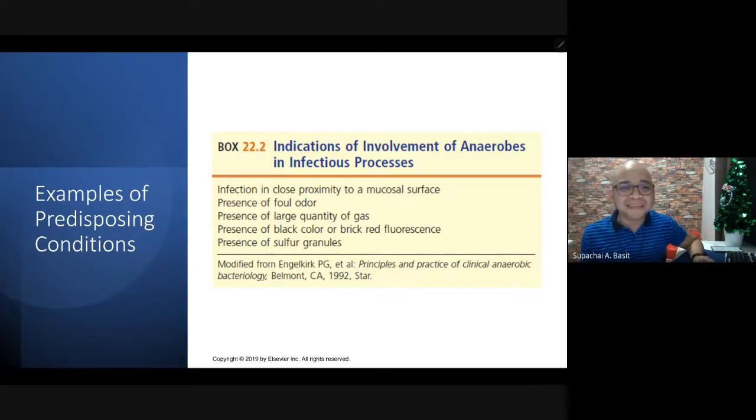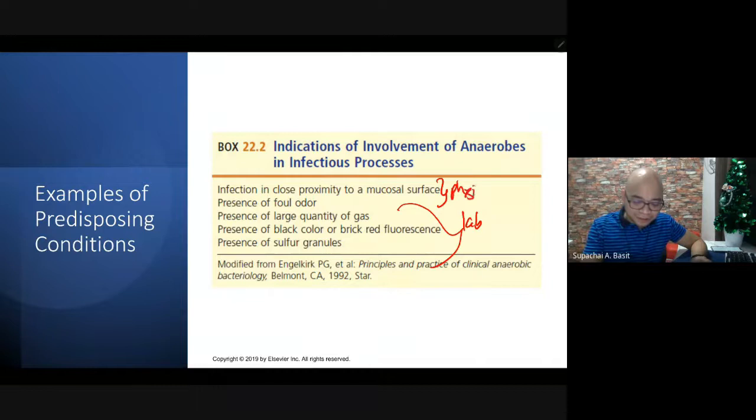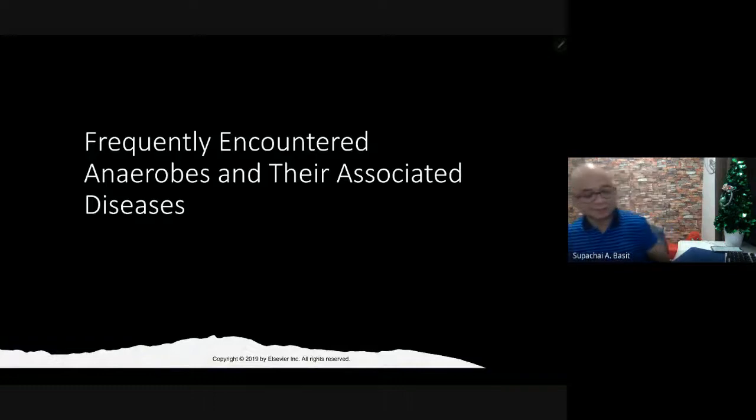Presence of a large quantity of gas, presence of black color and brick red fluorescence, and presence of sulfur granules. This can be observed in the lab, and this can be observed physically. Kapag meron kayong naamoy or nakita that infection in close proximity to a mucosal surface, okay, most likely the infection is anaerobic by nature.